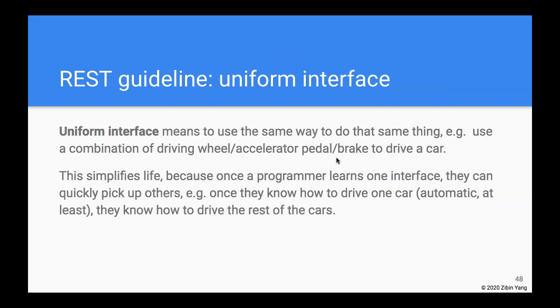How are we all able to drive cars made by different manufacturers? Well, that's because in most cars, we use this combination of a steering wheel with an accelerator pedal as well as a brake, right? So once we learn this interface, we can drive pretty much any car, at least for those with automatic transmissions.